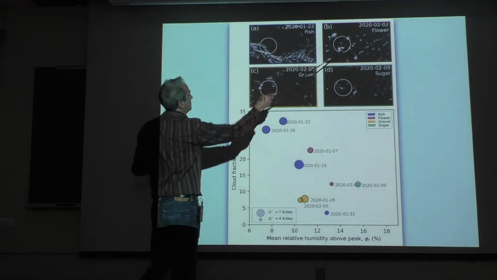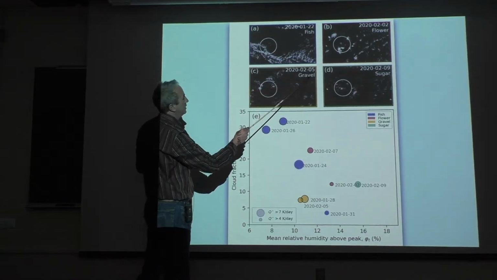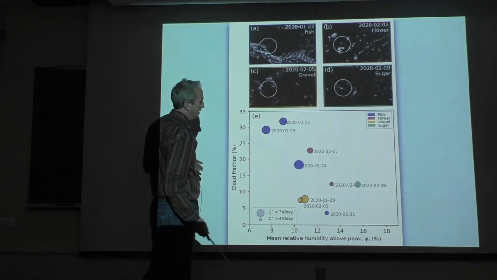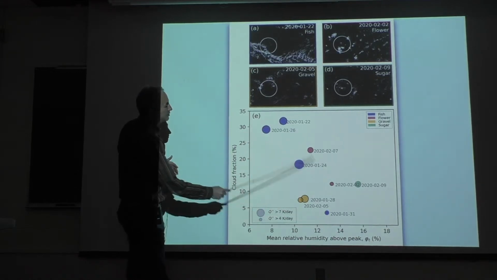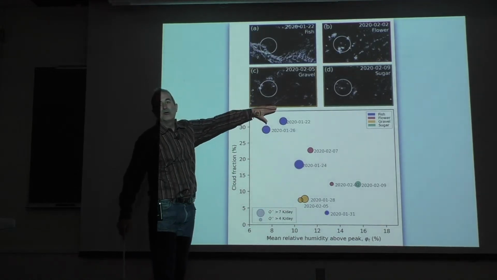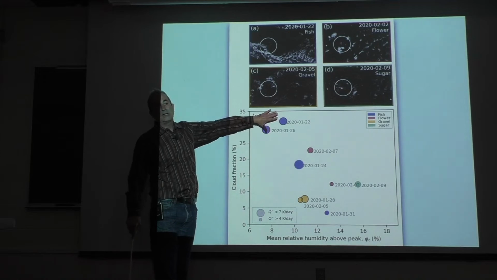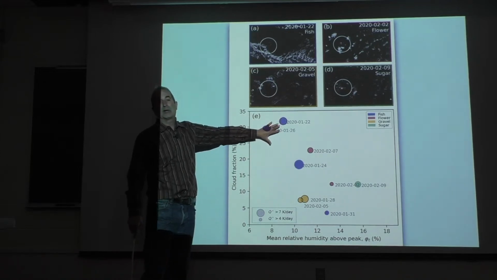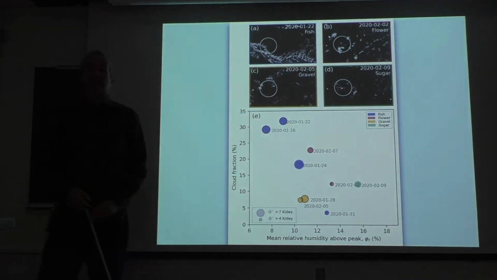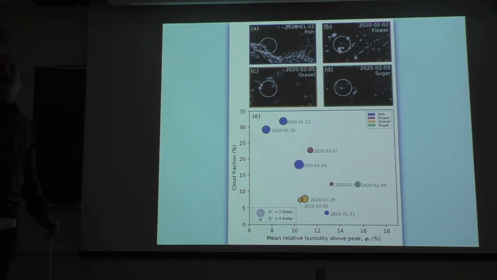These two tend to be deeper, this one tends to be intermediate, and this one tends to be shallow. And what you see is that there is this association between a drier free troposphere and more cloudiness, and particularly more aggregated forms of convection. So I'm trying to tease you a little bit with this understanding of where the humidity peaks come from. But if you'd like to understand the link to the cloud organization, I would just refer you to that paper.